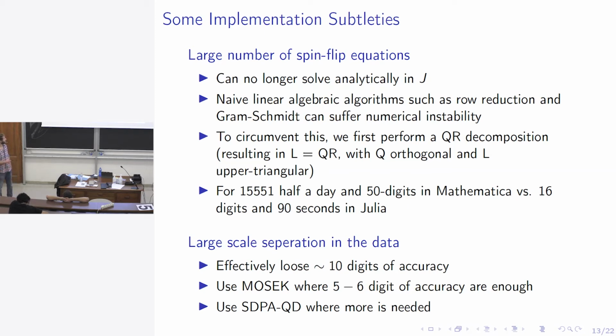So for example, for this configuration, that was the biggest configuration that we considered, you have to compare half a day and 50 digits accuracy that Mathematica needed to solve the loop equations, to 16-digit accuracy that you needed in Julia, and 90 seconds of running.